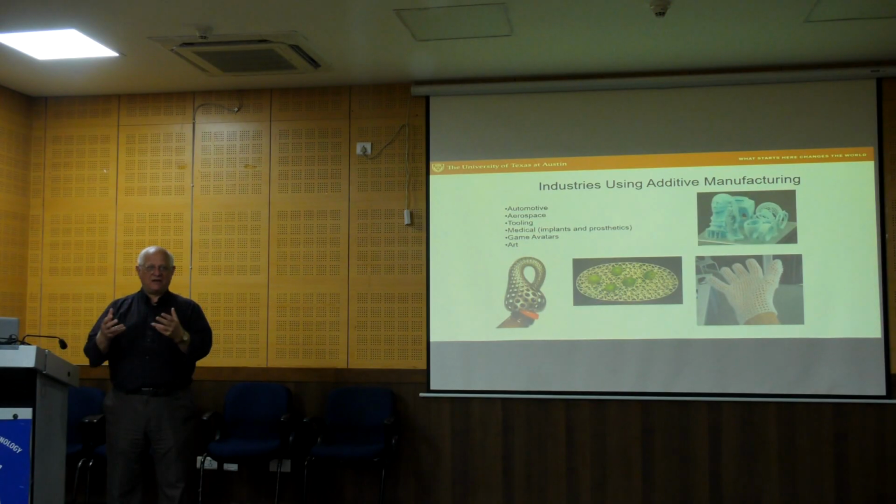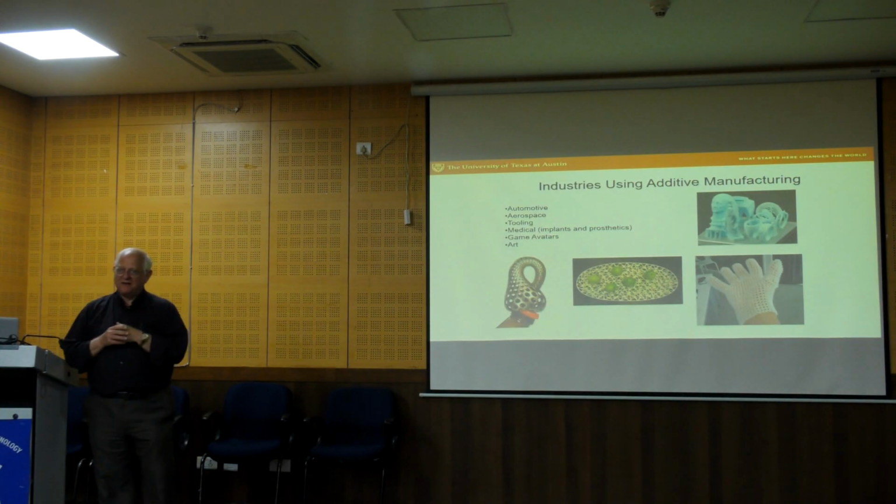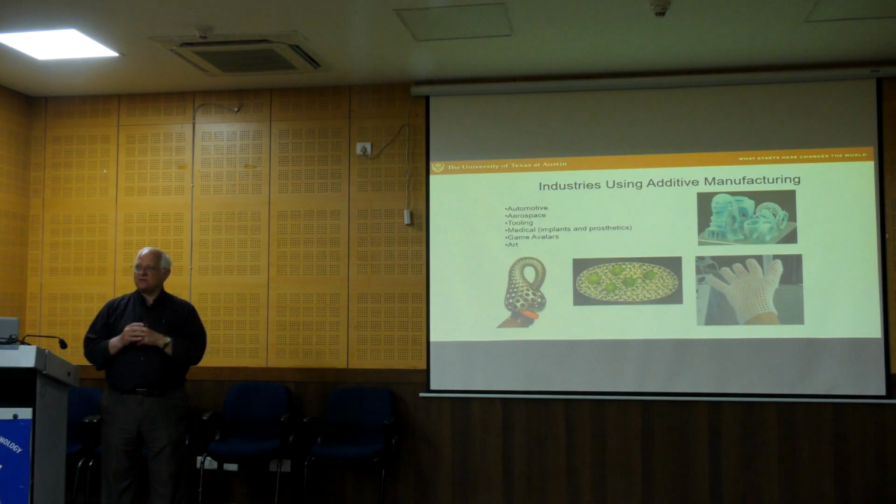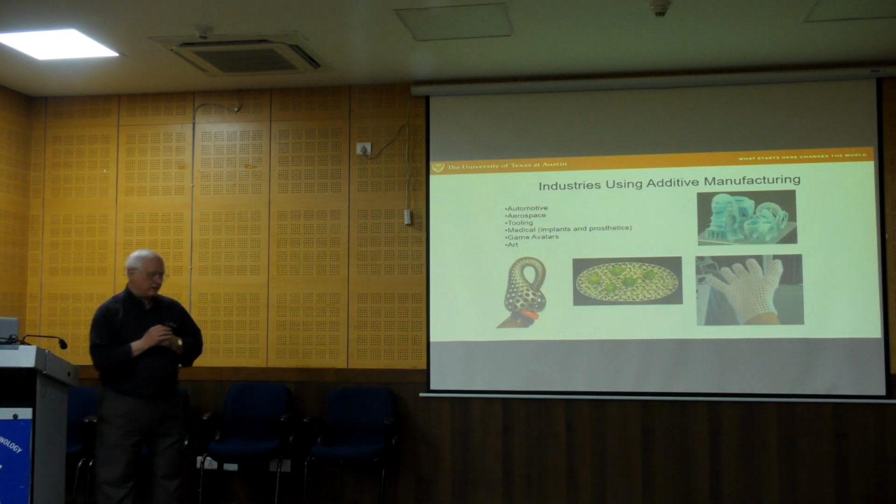They can create their art on the computer, but until there was additive manufacturing, there was no way to actually print the part, because they were too complicated to use virtually any kind of manufacturing process other than maybe to hand create the part out of clay or some other medium.